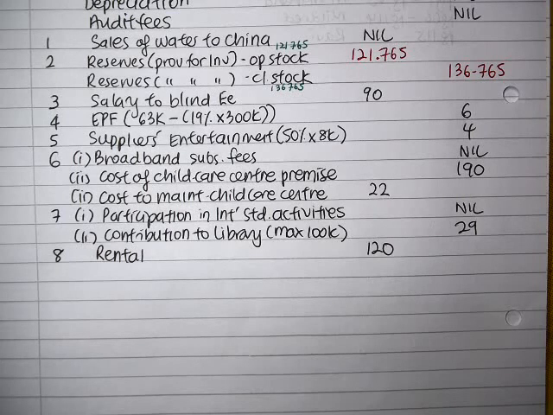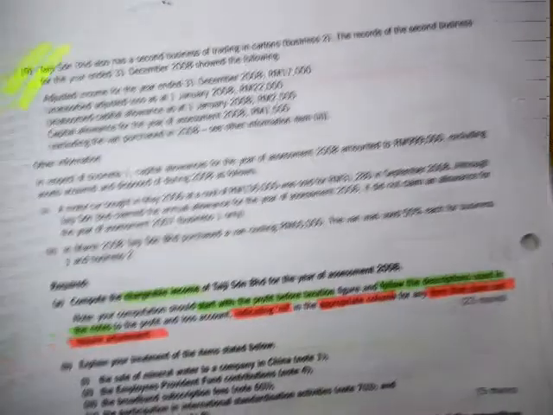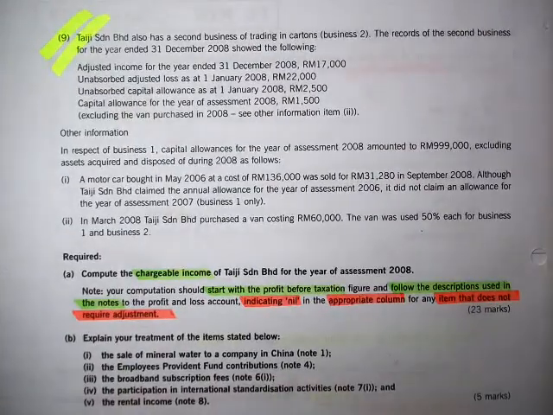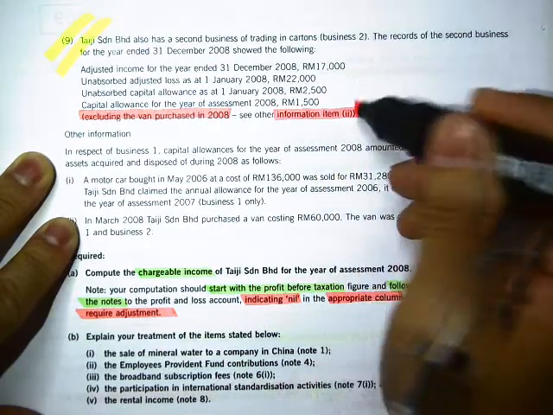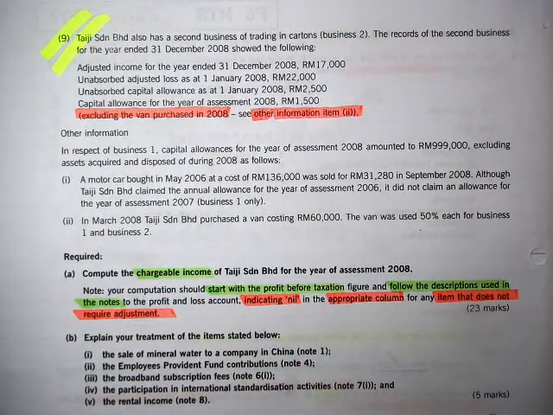Adjusted income for the year ended is 17,000. Unabsorbed adjusted loss at the beginning of the year is 22,000. Unabsorbed CA at the beginning of the year is 2005. Capital allowance for year of assessment 2008 is 1,005. And they clearly say that is excluding the van you purchase, see other information, note 2.